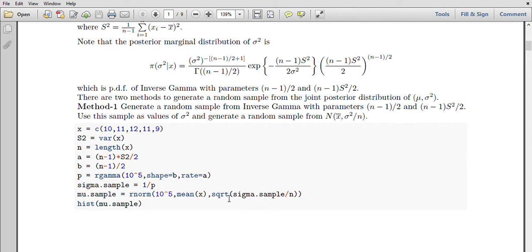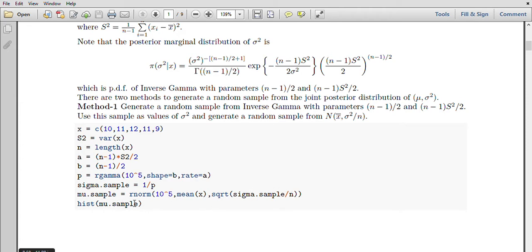Now sigma values are stored in sigma dot sample, so square root of sigma dot sample by n. What this command does is, for every value of sigma, one value from normal distribution with mean x bar is generated, and it is treated as the first value in the vector mu dot sample, and this procedure is repeated for all the values of sigma dot sample.